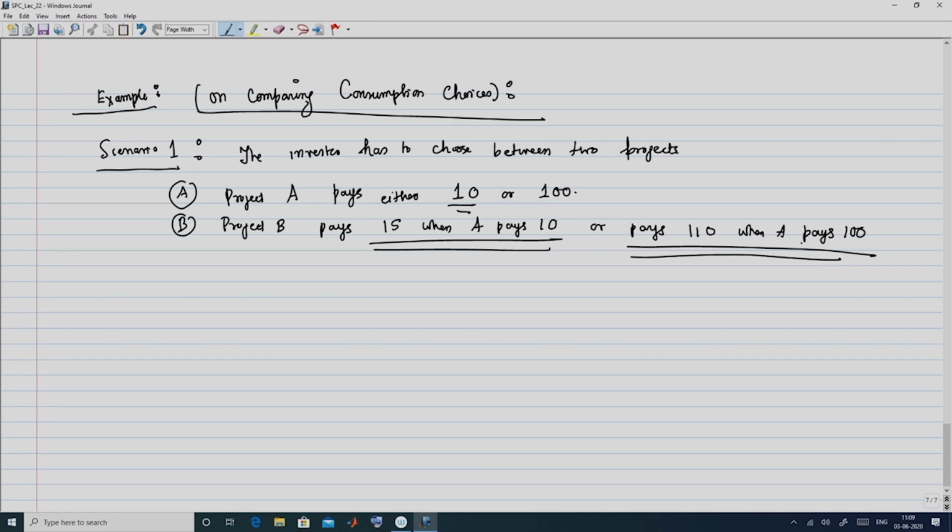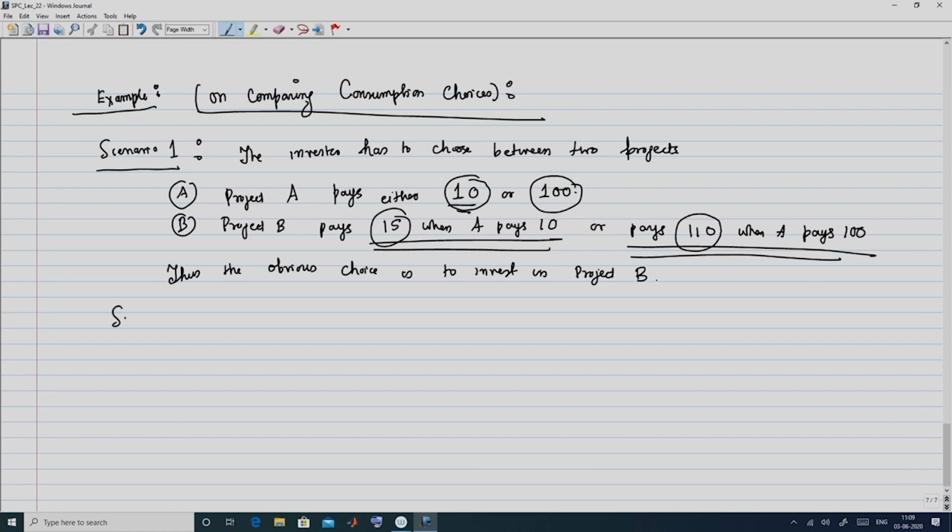So, under the circumstance that A pays 10, then B will pay 15, which is a higher amount, and in the circumstance when A pays 100, then B will pay 110. So, in both the scenarios, B will pay more. Thus the obvious choice is to invest in project B.